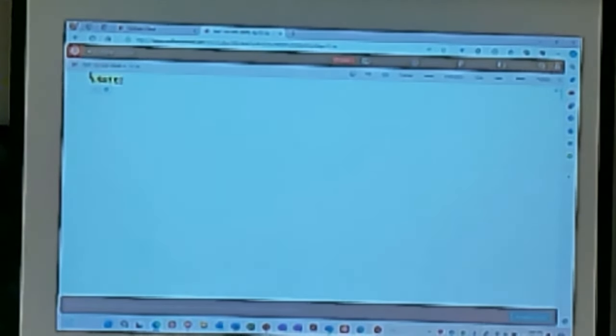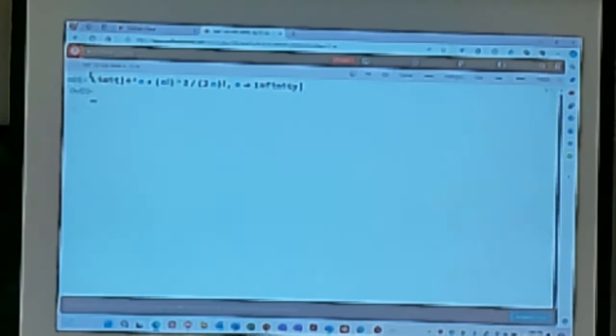Four to the n times n factorial squared all over 2n factorial, n goes to infinity. So our observation was correct. That limit is infinite.